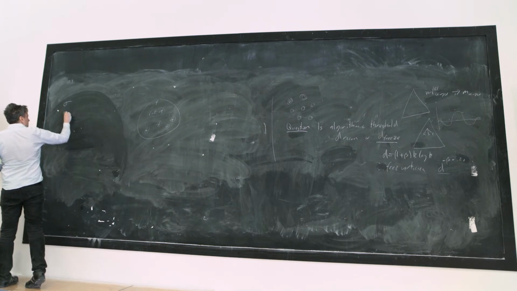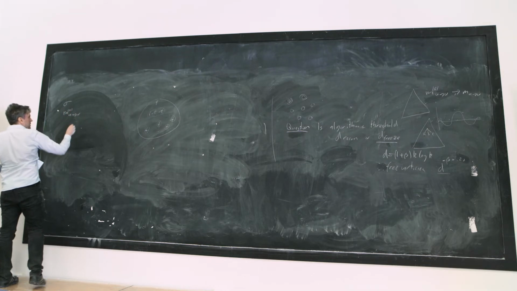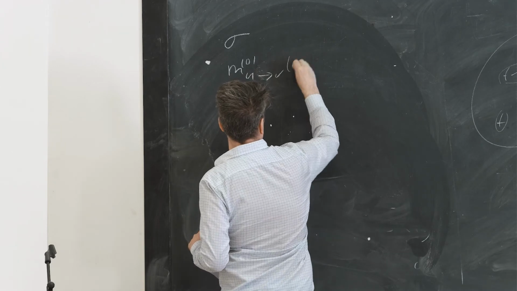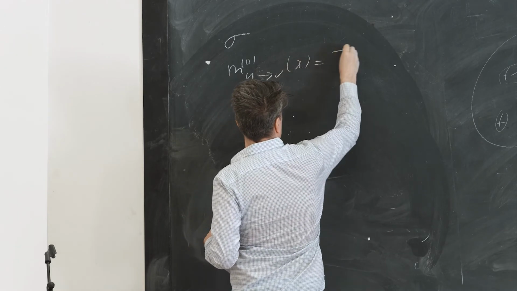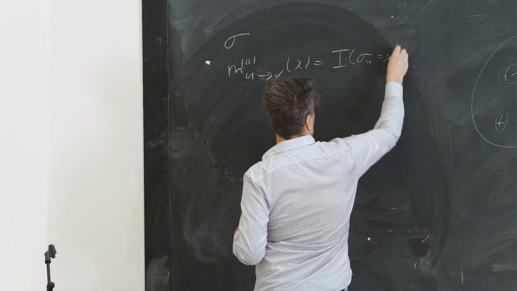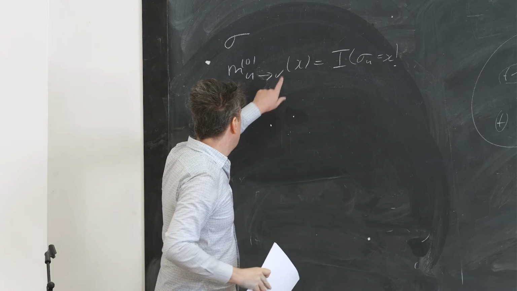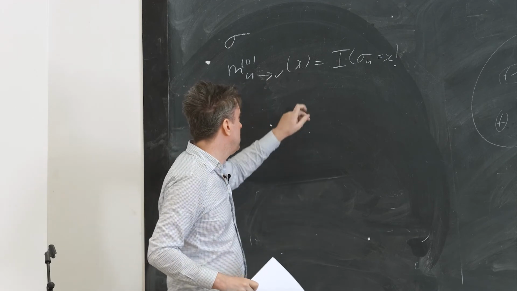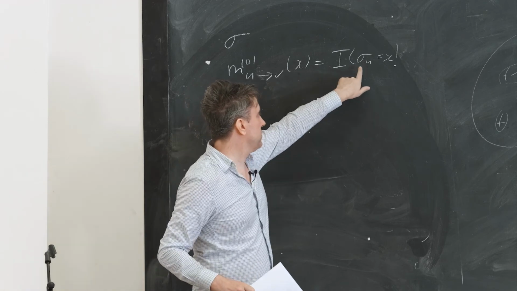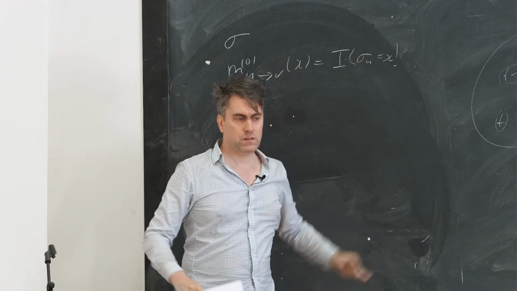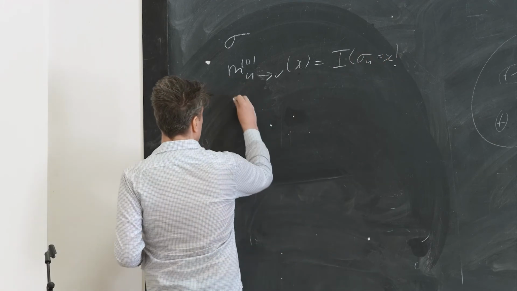The initial messages from U to V, being X, will just be the indicator that sigma U equals X. So initially a vertex just tells its neighbors, my probability of being X is just whether I'm X or not. And then you iterate this.